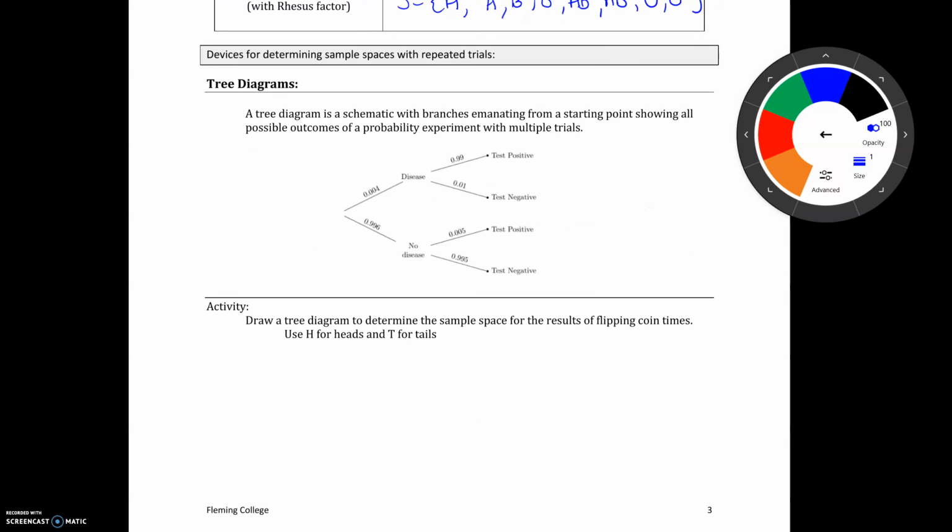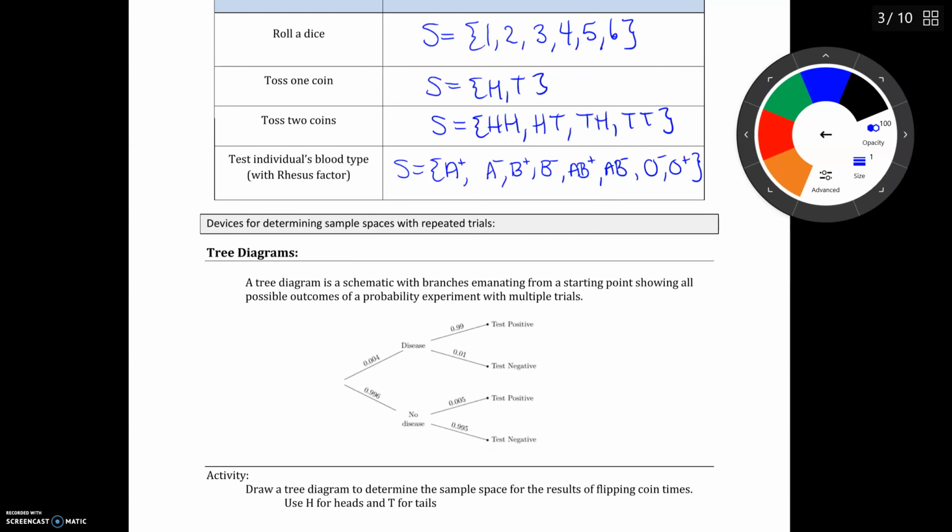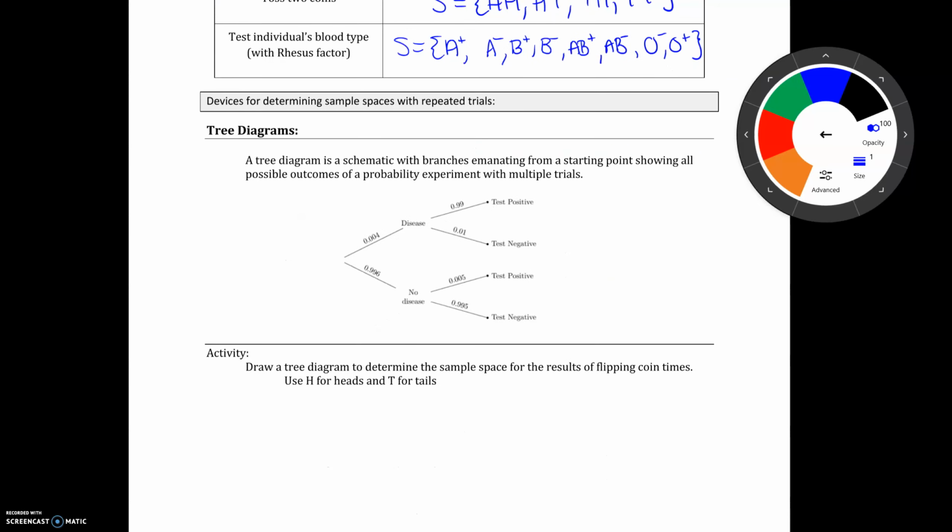Okay. The final bit of this first video is we're going to talk about a nice device for organizing and thinking about different outcomes, especially if we have repeated trials. So maybe it's hard to think about what it looks like for flipping a coin twice, and so we're trying to figure out what that would look like.